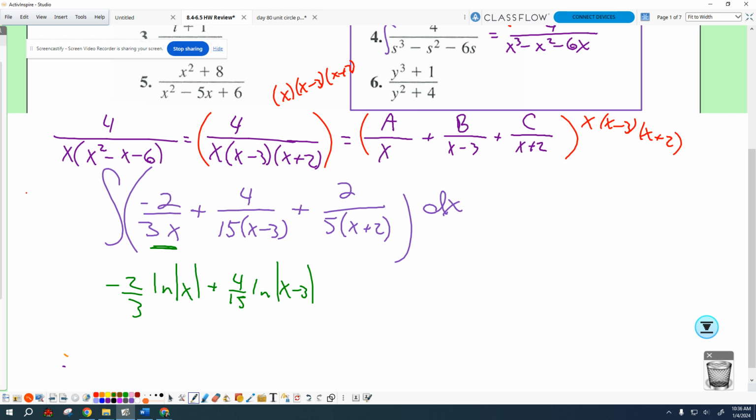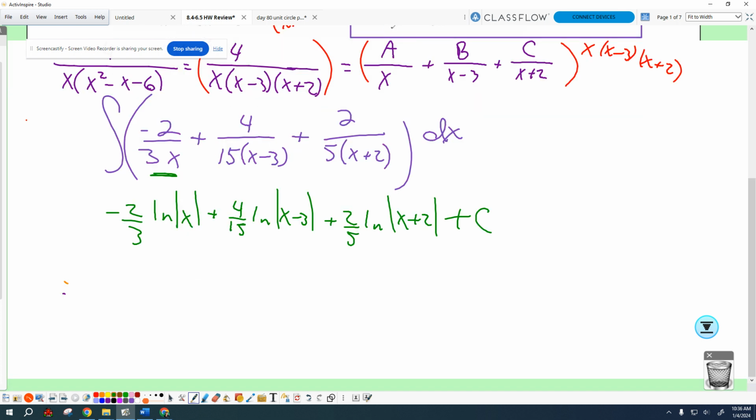It would be 2/5 ln x plus 2. And then plus C because we had no numbers on it. First period had integrated this first one as negative 2 ln 3x and then did chain rule.